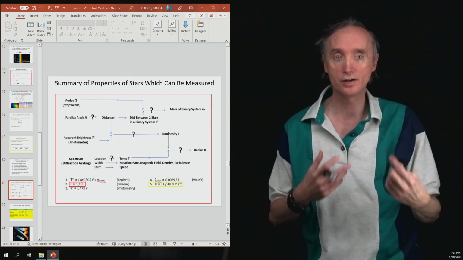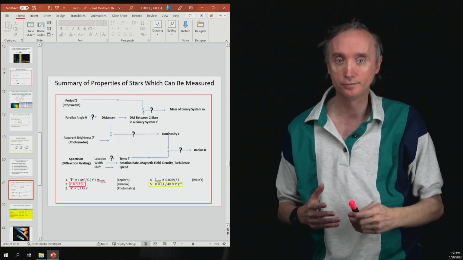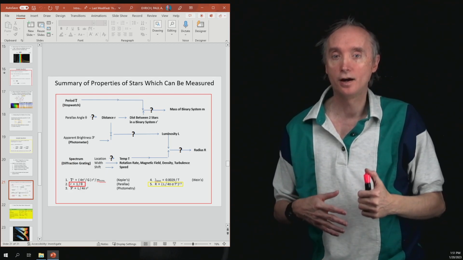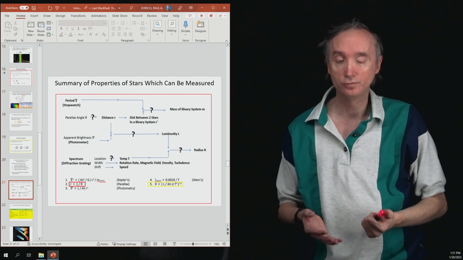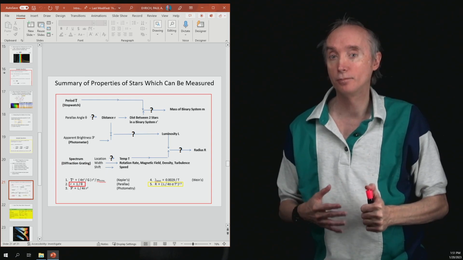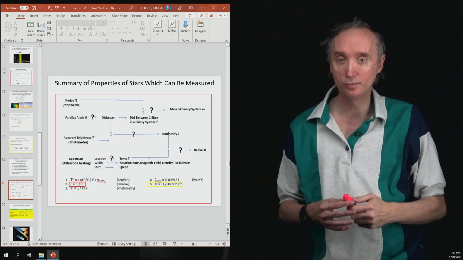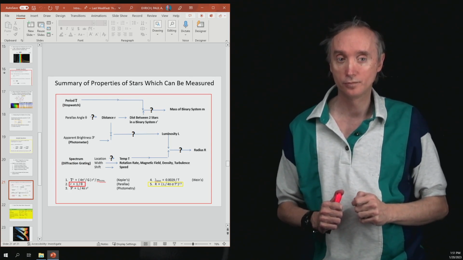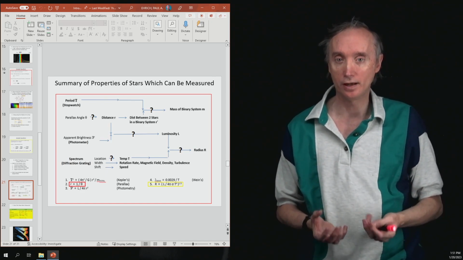So we're basically measuring the wobble of the star. That's the period. But we can also measure the parallax angle with our telescope. We can also measure the apparent brightness with our photometer, and we can also measure its spectrum by using a diffraction grating. So those are all the raw data that we get.